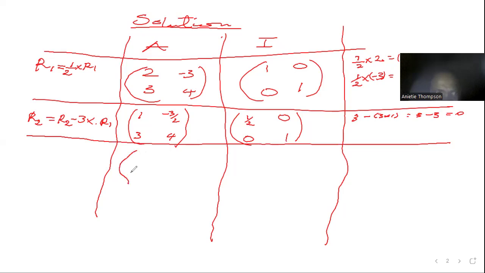So I'm going to write 0 in that place. The second entry is going to be 4 minus 3 times minus 3 over 2. So that will be 4 plus 9 over 2. So that will give me 8 minus 9 all over 2, and that is minus 1 over 2.